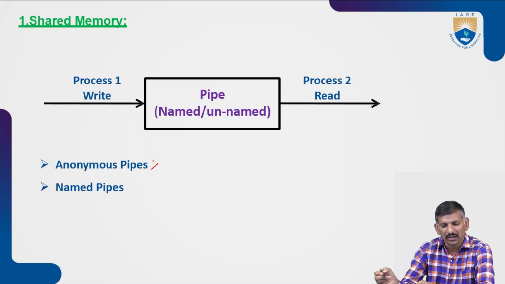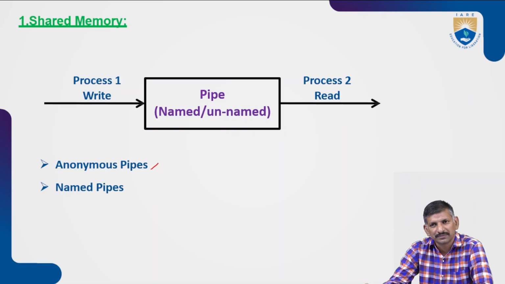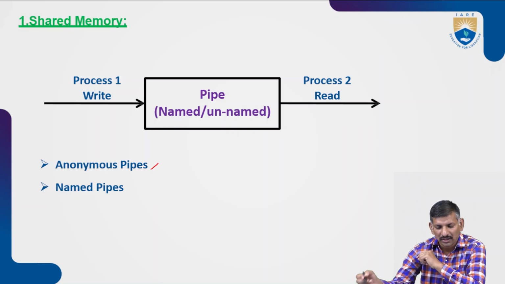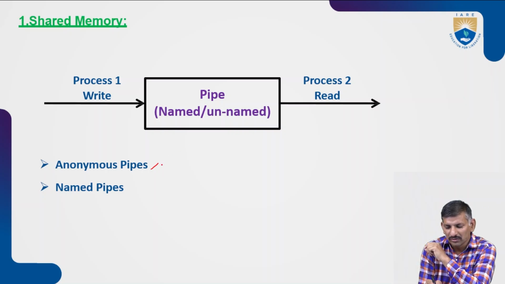First one is anonymous pipes. In this condition, those pipes don't have any name. Unnamed pipes, that is called anonymous pipes. In anonymous pipes, in one direction only the data will be shared.